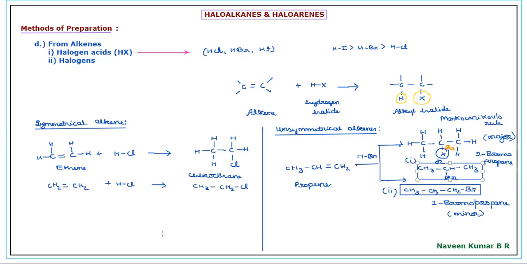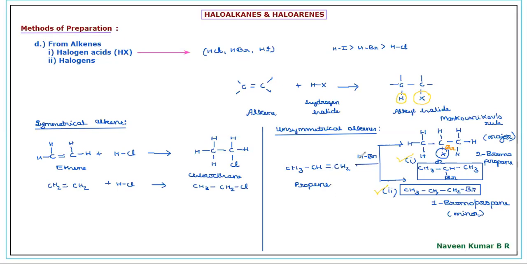So we are going to see, if the addition of a halogen acid takes place to an unsymmetrical alkene, which will be the major and which will be the minor is important. In the 2020 Maths examination, they asked the addition of hydrogen iodide to propene. Which is the major product obtained?